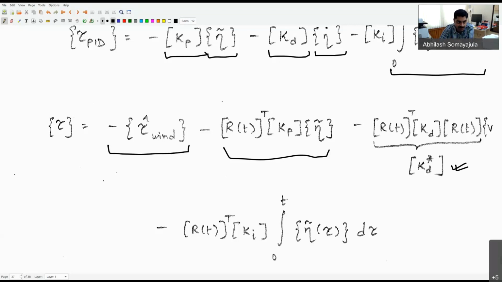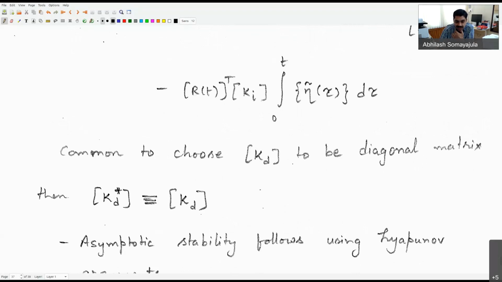So it actually will be exactly equal to KD. So KD star will be equal to KD if KD is a diagonal matrix. Whereas when KD is not a diagonal matrix, I can't say the same. At that time, KD star will be time varying. For most practical applications, we'll always be choosing diagonal matrices for our systems, based on our pole placement algorithms. So therefore, it should be taking care of itself.